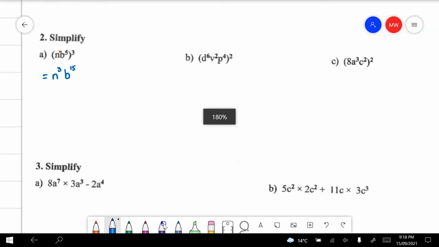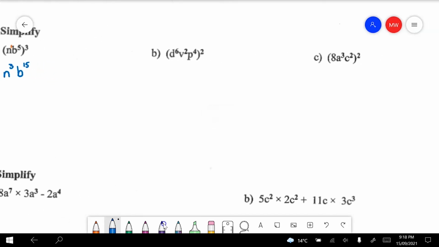In the second example, that 2 applies to everything in the brackets, so we've now got d to the 6 times 2, which is 12, v to the 2 times 2, which is 4, and p to the 4 times 2, which is 8.